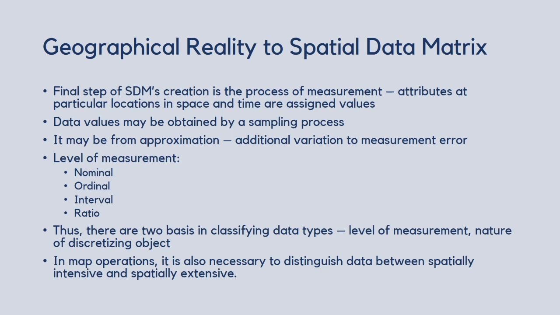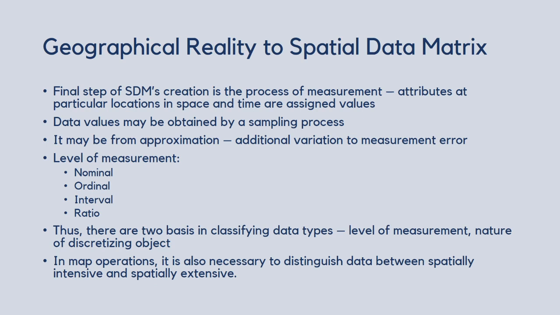So the data is classified by level of measurement achieved. It can be nominal, ordinal, interval, or ratio. So the level of measurement determines what logical and arithmetic operations can be performed on the data, and hence, for example, what statistical procedures can be used. Therefore, there are two bases in classifying data types, which are the level of measurement and the nature of the discretizing object, which had been explained previously.